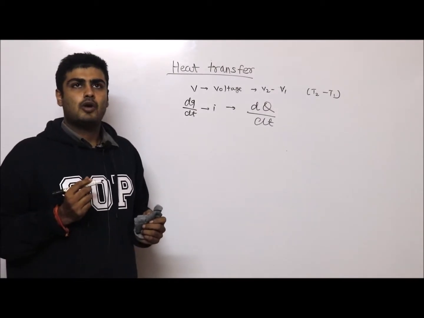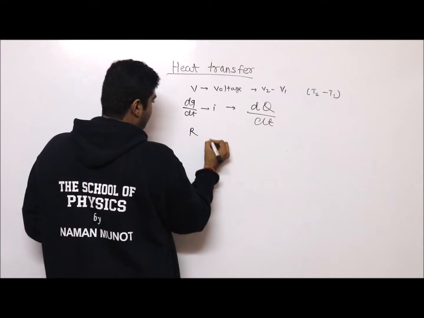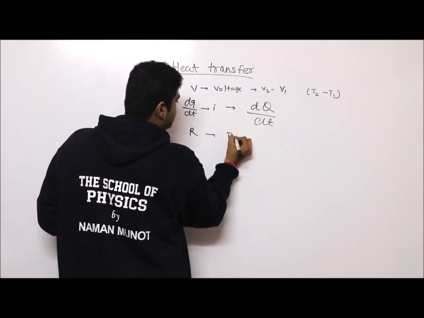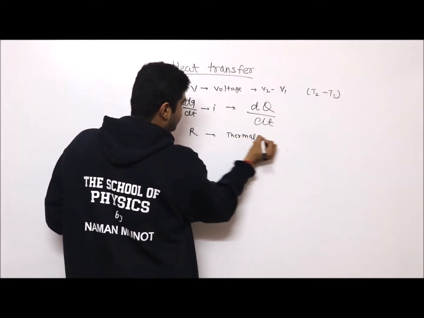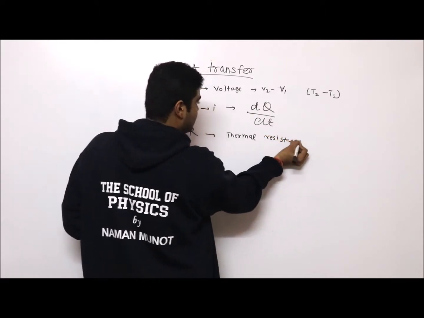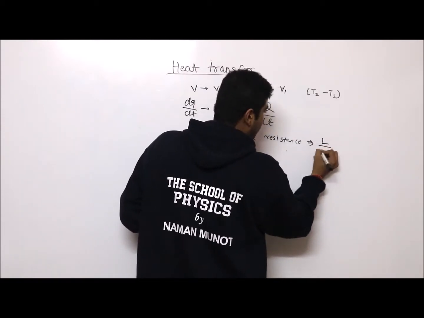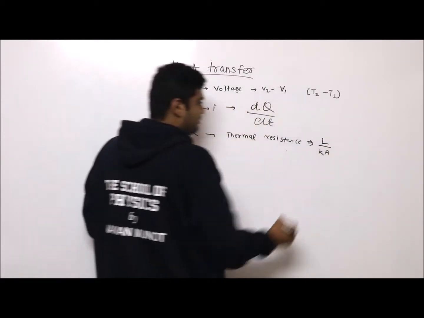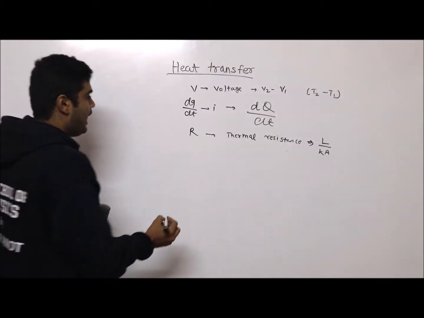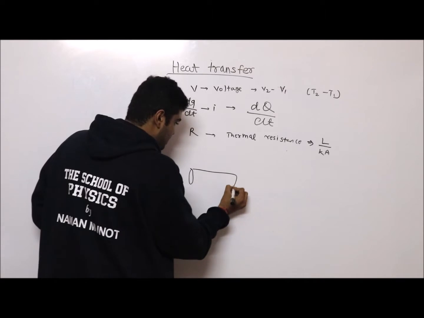And there we used to have a resistance R. Here we have thermal resistance, and thermal resistance is L by KA. Now I am telling you the meaning of this formula. Suppose I have these two rods.